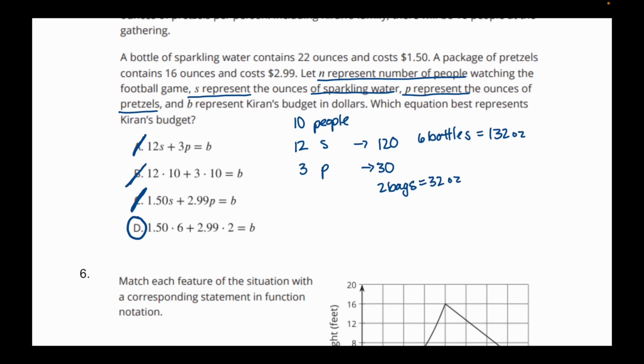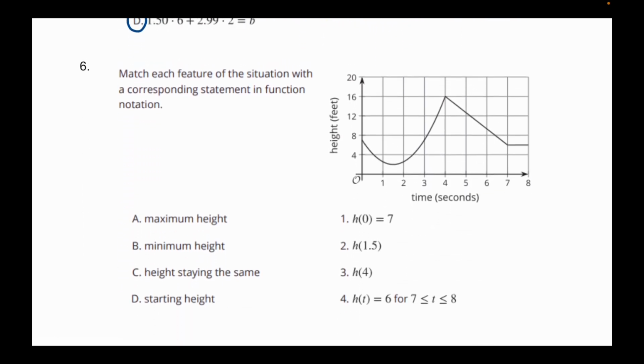Let's look at our very last one, which is match each feature of the situation with the corresponding statement in function notation. So maximum height. The maximum height I see is right here. That little point right there is the tallest point on the graph. So if I'm looking for that in function notation, that is at the input of 4, and the value is 16.